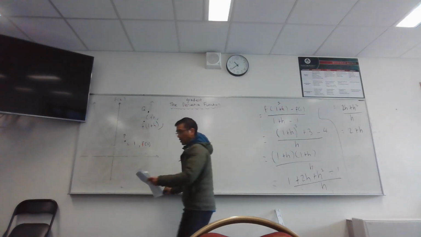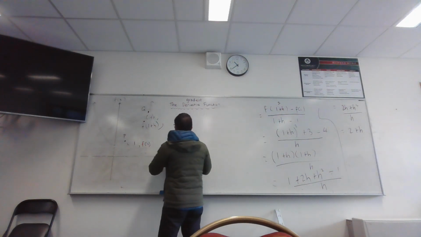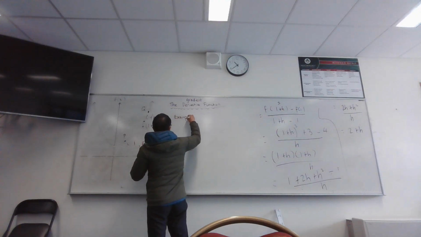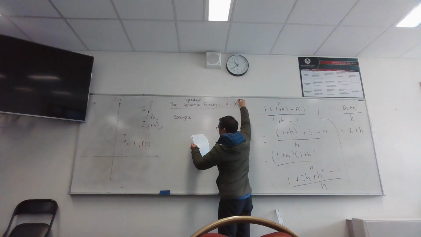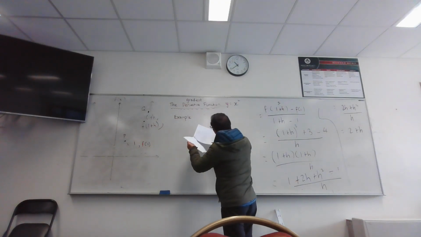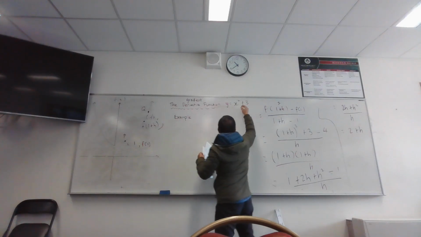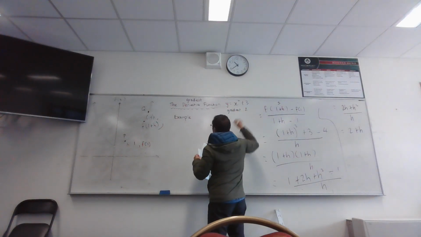Let's see if you can work this one out by yourself. Okay. This is the next example. Slight difference though. We said that y equals x squared plus 3, and the gradient became 2.